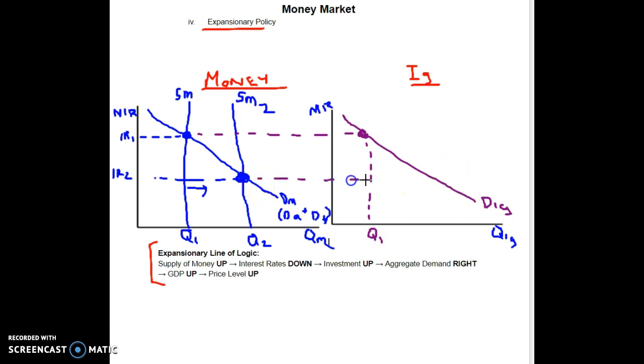But when interest rates fall, notice more investments are going to be attractive because they're cheaper to take out loans for. And so investments are going to rise. When investments go up, your aggregate demand rises, right? GDP goes up, price level is going to go up, and it closes our gap.